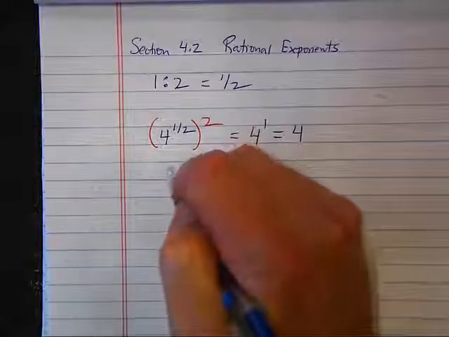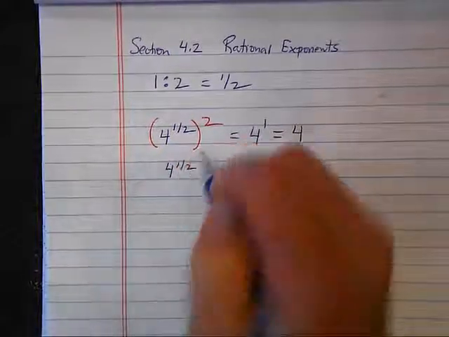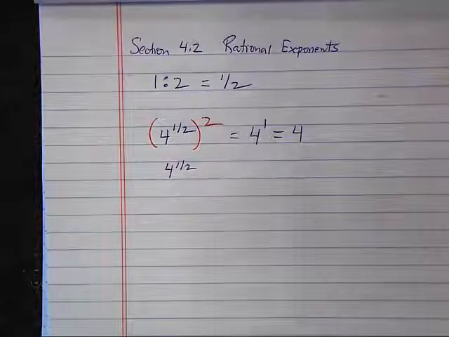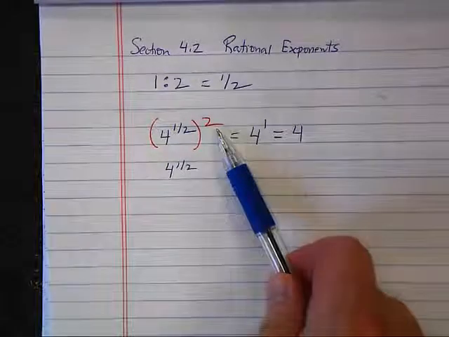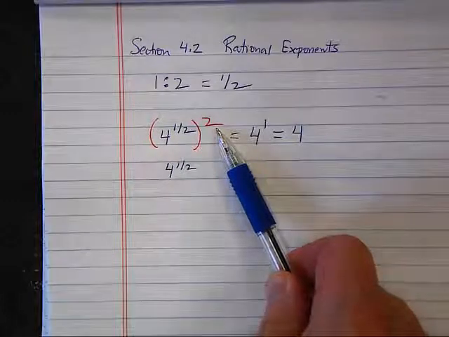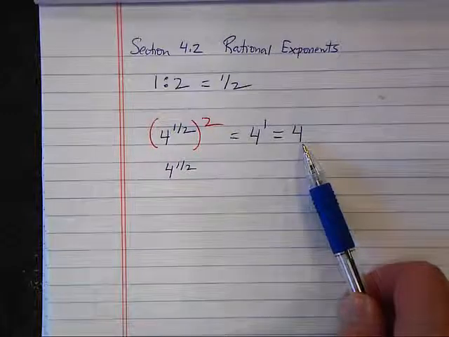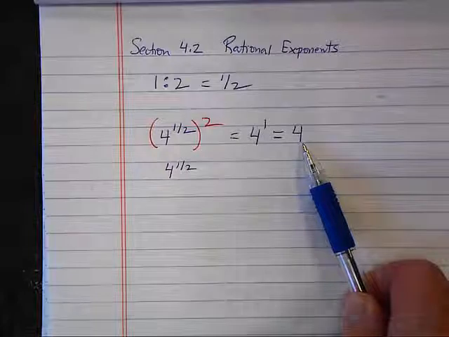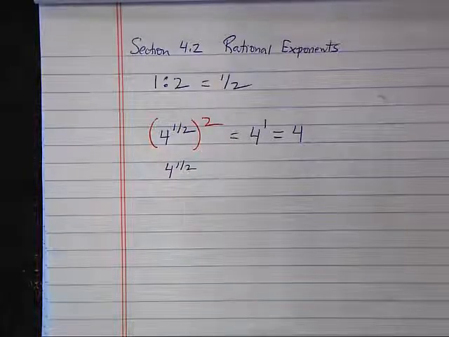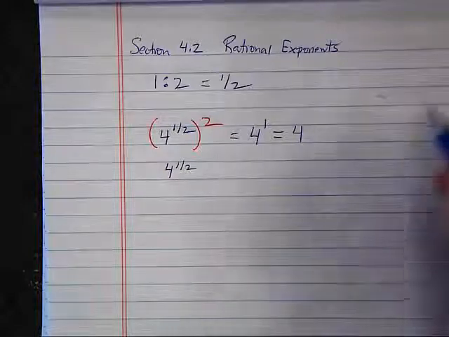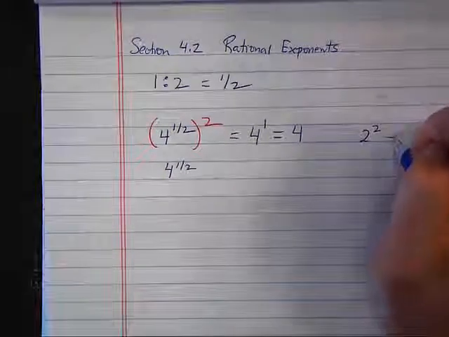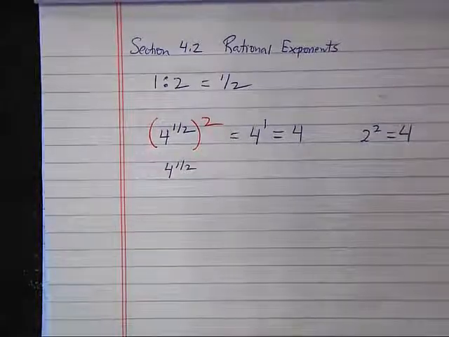So 4 to the 1/2, I'm not sure what that is, but I know if I take 4 to the 1/2 and I square it, I get the number 4. Do I know another number that when I square it, I get the answer 4? I know if I take 2 squared, I'm also going to get the number 4.